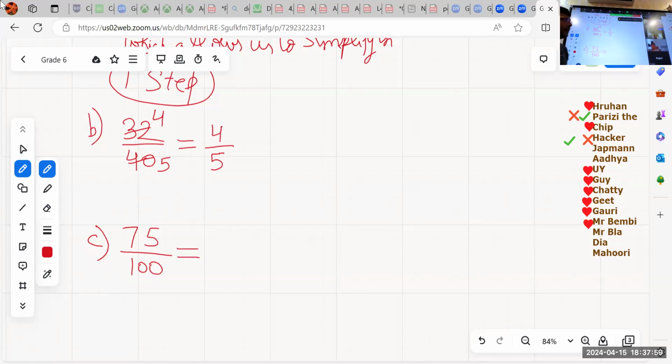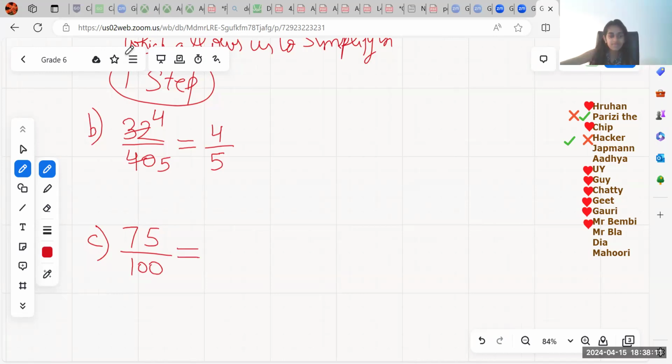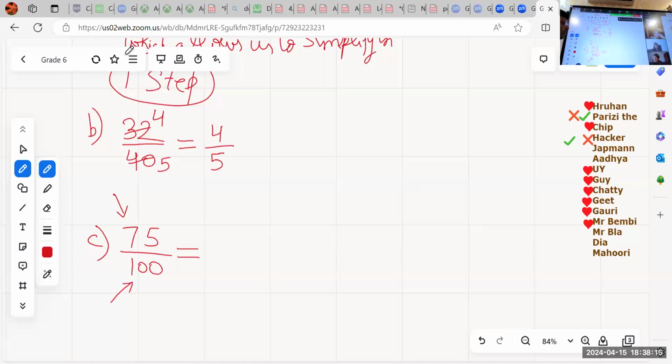So hacker, one table I have told you to learn is of 25. Dividing 75 with which number will give 3/5? Yes, you did not do it with 25.